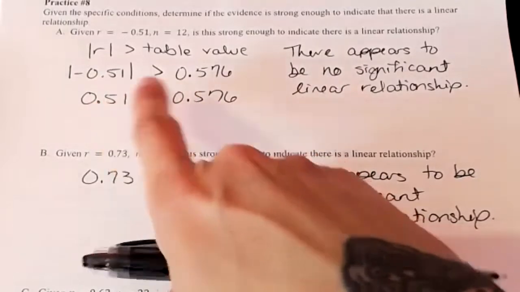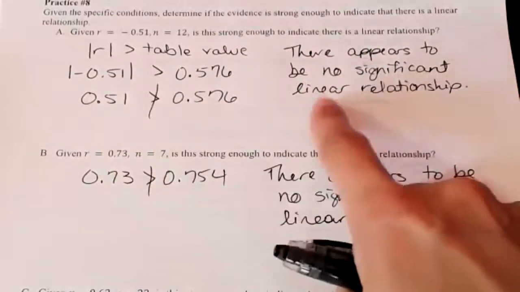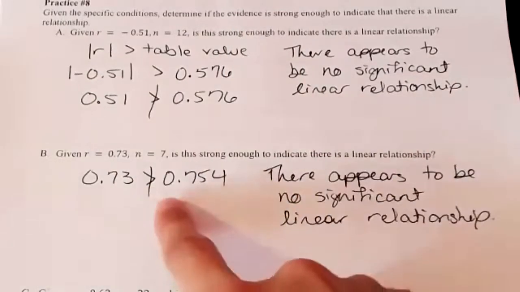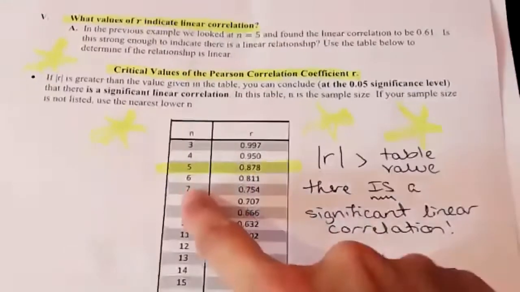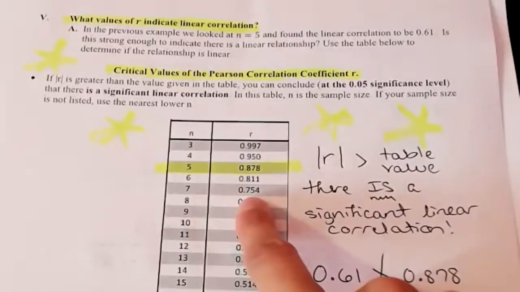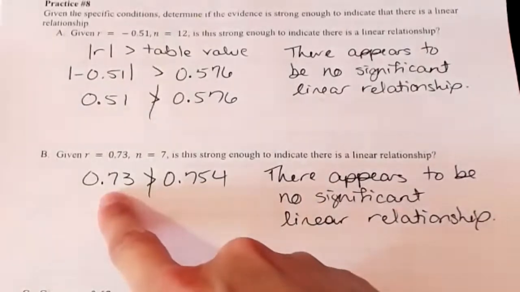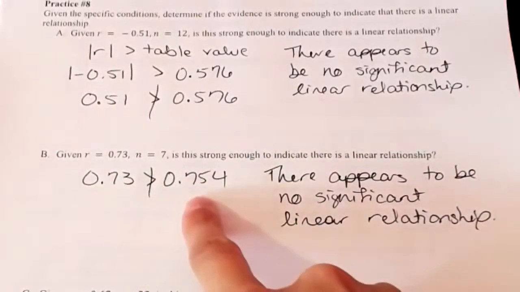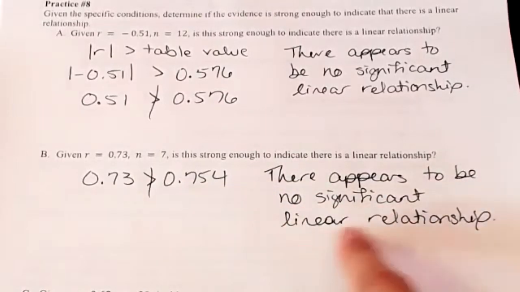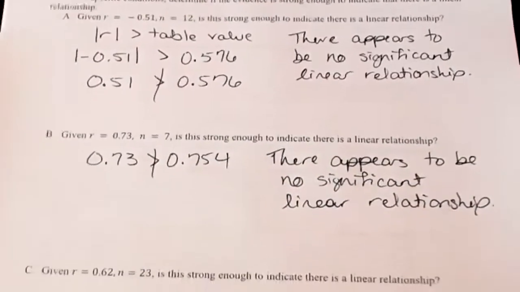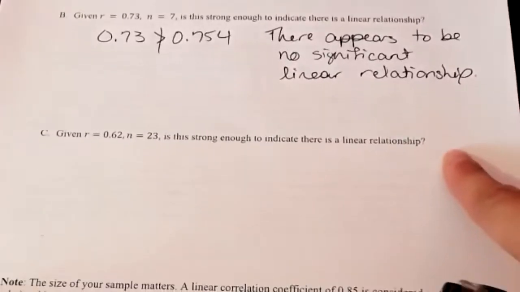Since it's not greater, there is no significant linear relationship. Same thing with part B. When N was 7, you go back to the table and you see that the value is 0.754. So we compare the value we calculated with the critical value from the table. We see it's not greater, so there's no significant linear relationship. Good, awesome. So we're going to do that again.